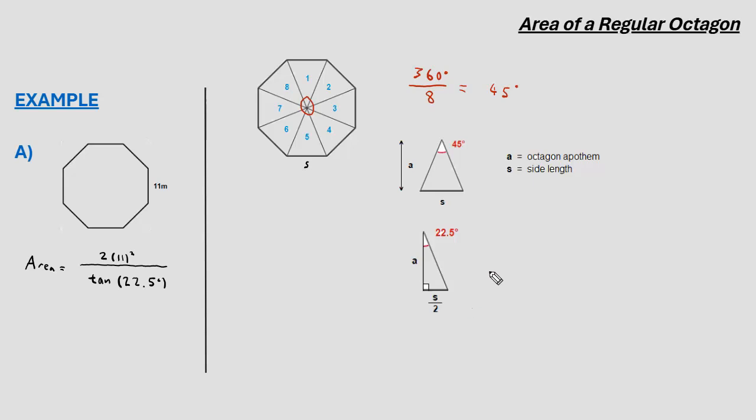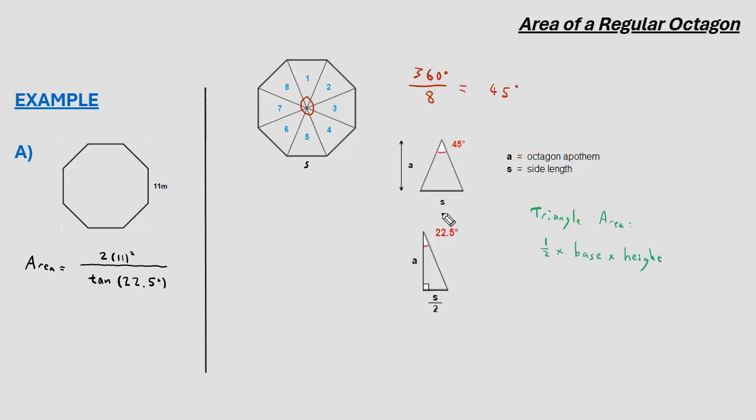Now, why we're going down this route: if we recall the area of a triangle, so one of our 8 smaller ones, that can be given as standard by half multiplied by the base multiplied by the height.